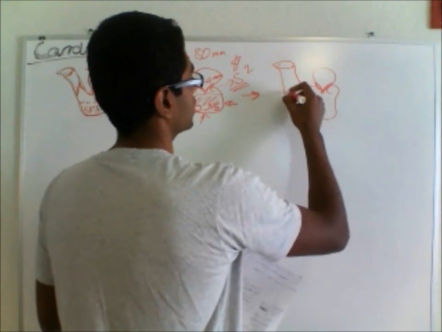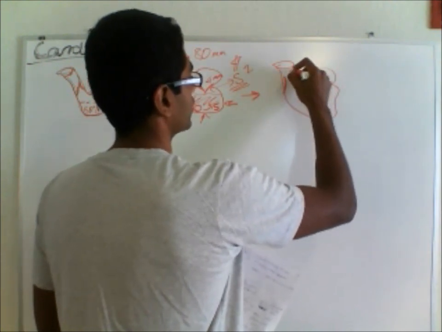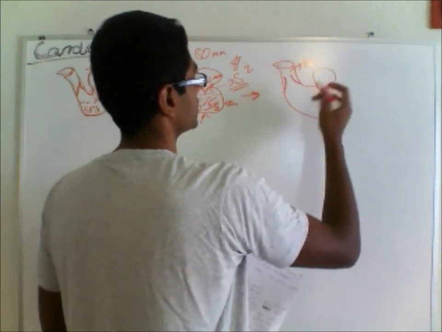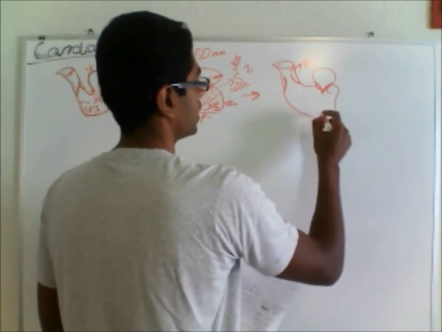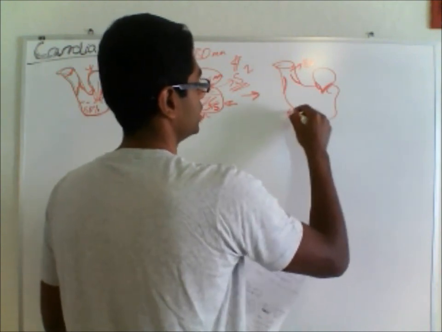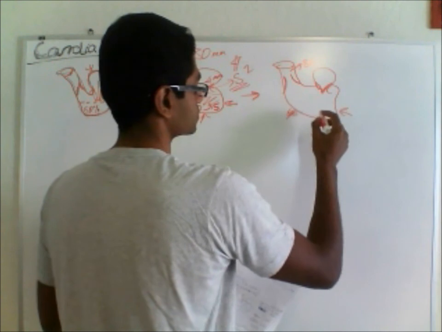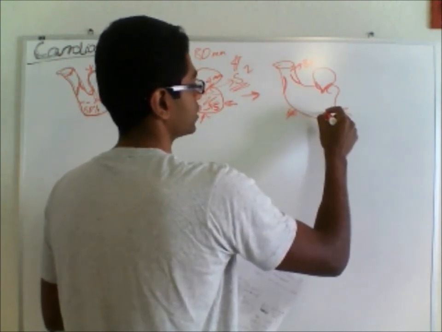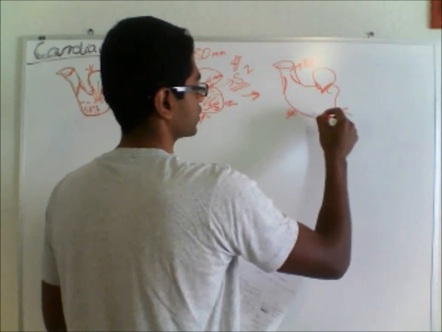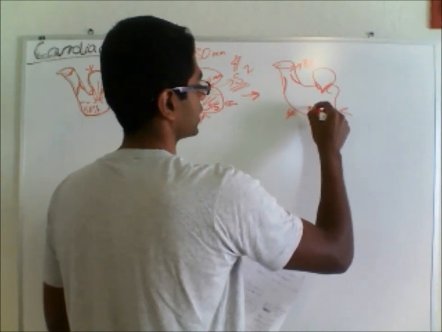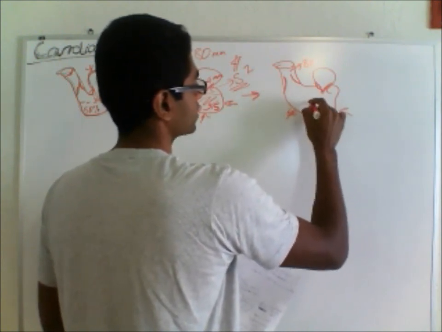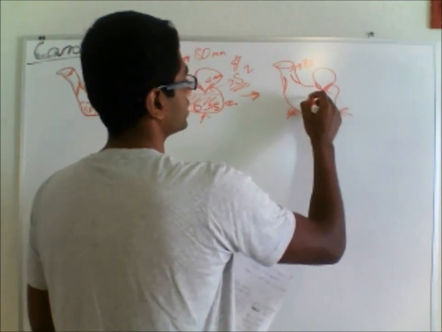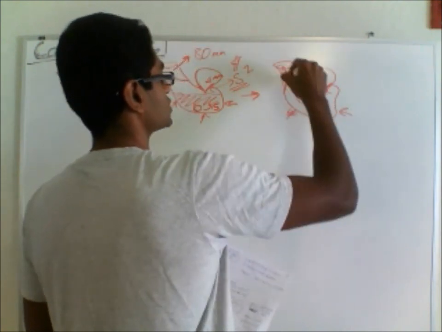All right, so the aortic valve now opens because here it says it's 80. Now this pressure has been constantly rising because the ventricle is still contracting. Let's say it goes from 0 to 5, and from 5 it goes all the way up to 80. And once it hits 80 and goes to, let's say, 81, this valve opens.